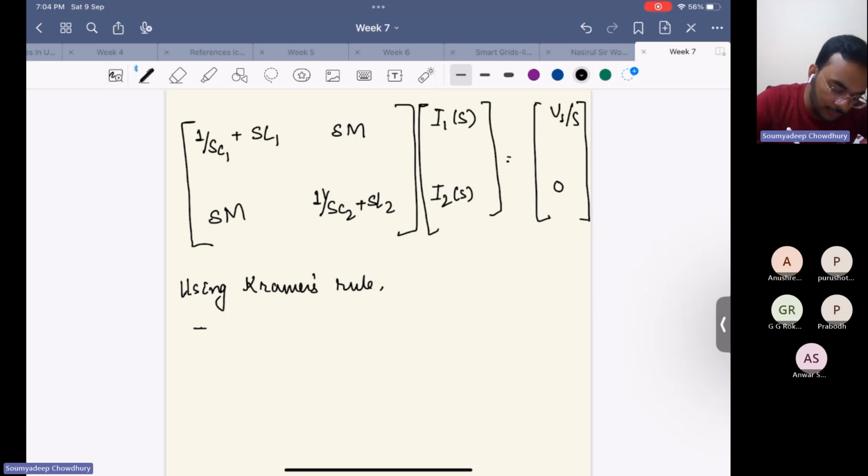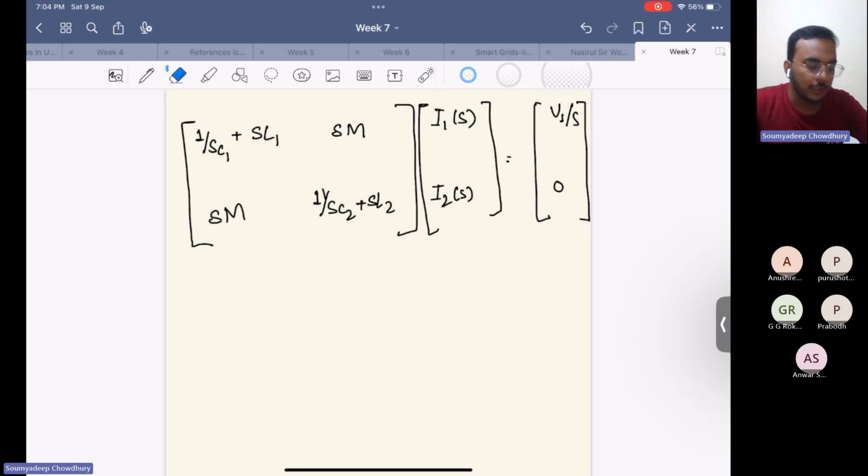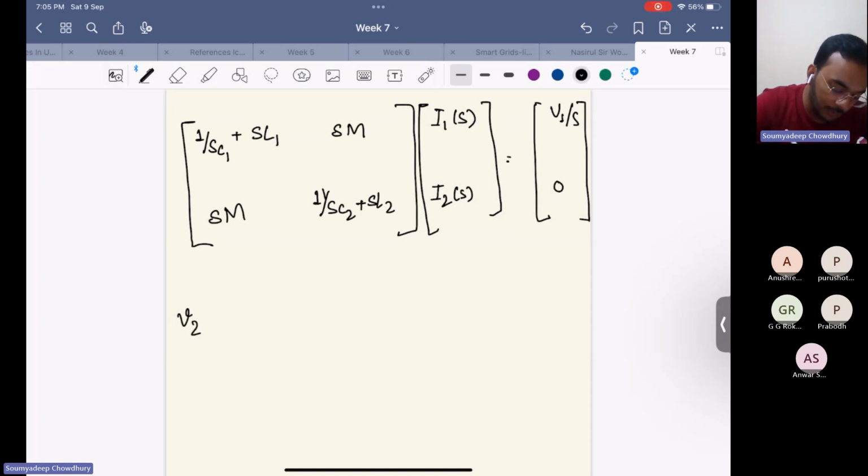So what does Cramer's rule state? Suppose I want to find I2 of S. I will not describe the entire process of finding this one, as it will take a lot of time. Once we have these equations, we can find I2 and I1, and once we know I1 and I2, from that we can find V1 and V2. Finally, the output voltage, the load voltage, we will get as, I'll write the expression in the time domain.